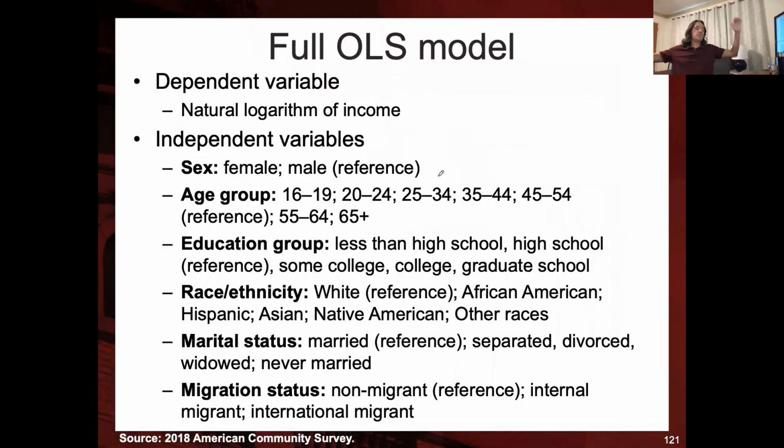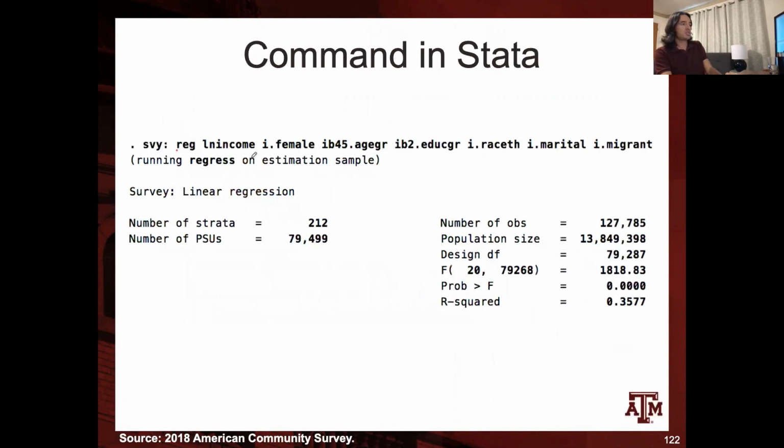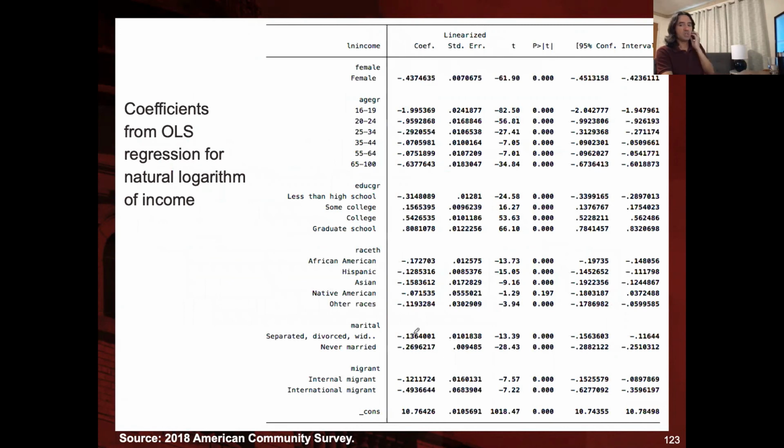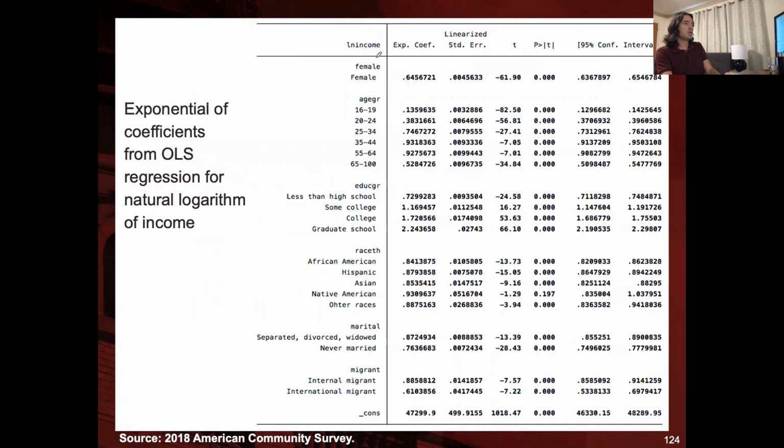And I can estimate even more complex models controlling for a bunch of independent variables: sex, age, education, race, marital status, and migration. I estimated this model with this command, and I have this table for the logarithm of income, and this one showing the exponential.